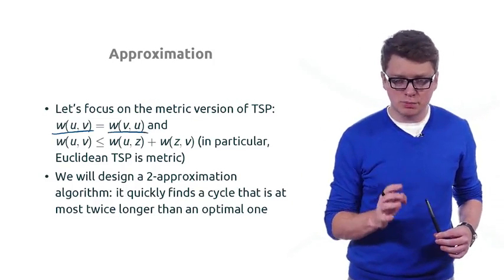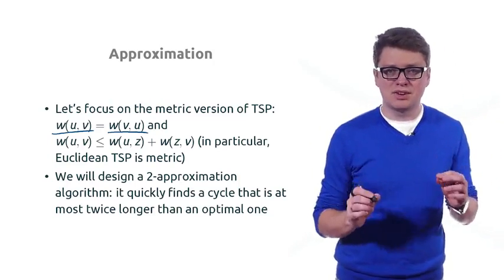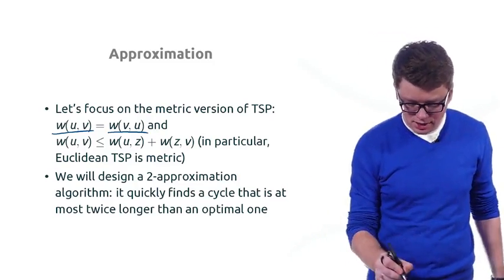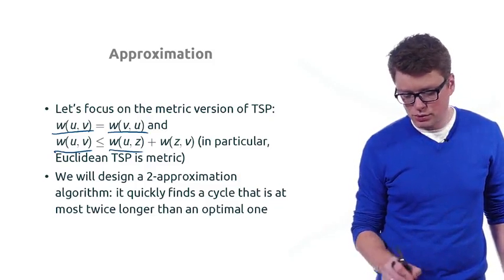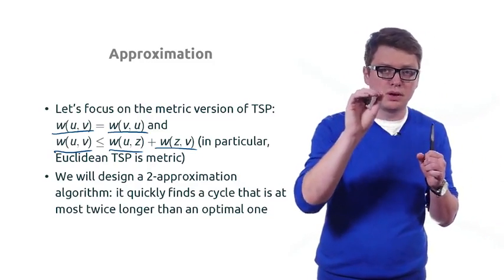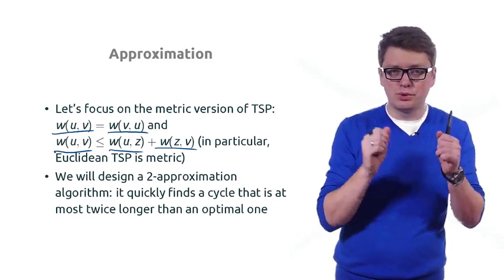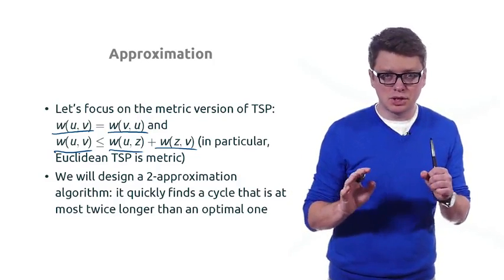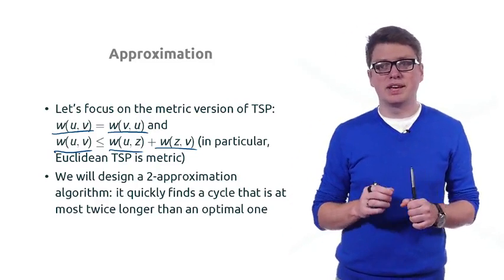And also, what is probably more important, all the weights should satisfy the triangle inequality. So for any three nodes u, v and z, the weight of the edge uv is at most the sum of the weights of the edges uz and zv. So going from u to v through the node z could not be shorter than going directly from u to v. So in particular, the Euclidean TSP is also a metric TSP. Okay, so the Euclidean distances satisfy the triangle inequality.